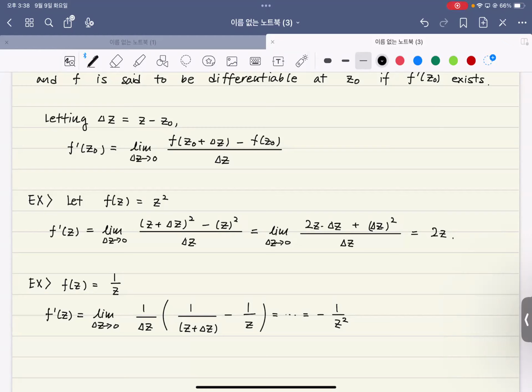Then you have the two fractions with the same denominator. Then you cancel out the delta of z from top and bottom, and you put delta of z equals 0, then you will get the answer, which is negative 1 over z squared. Since the algebra is the same as in real analysis, this answer is also the same.